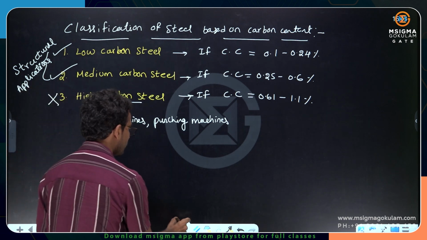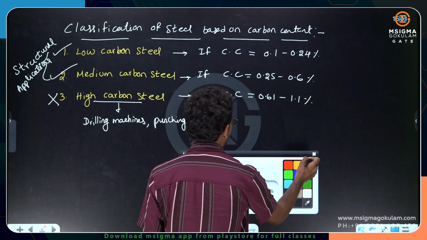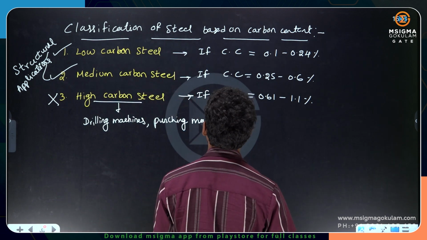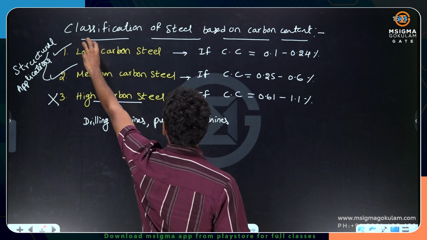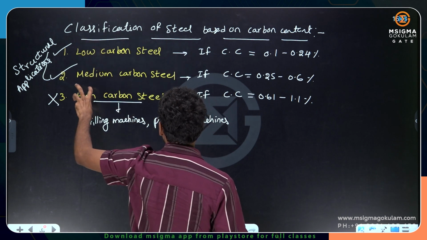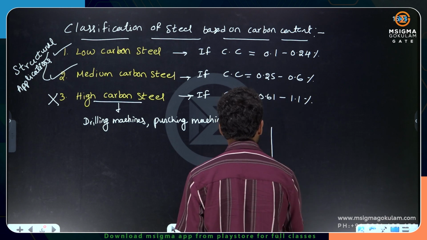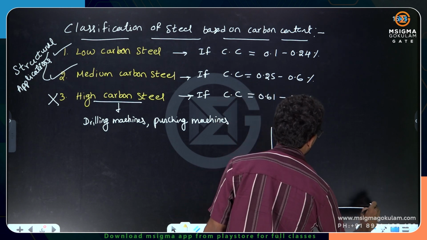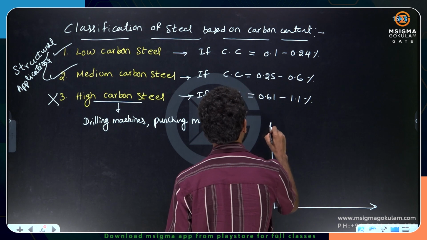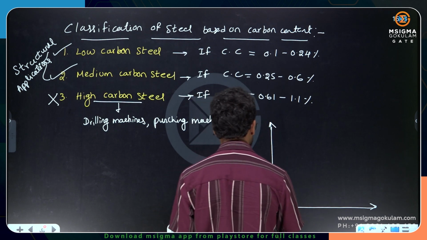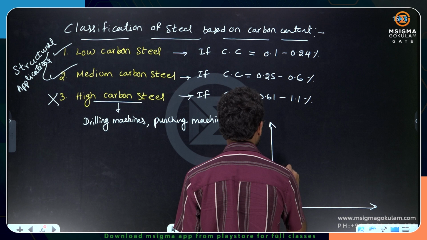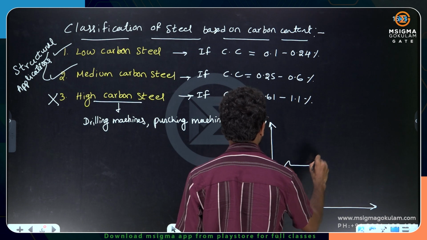As I told you just now about the material properties, what happens if the carbon content is more, and what happens if the carbon content is less? When I draw the stress strain curve for these types of steel, based on carbon content, what happens? If we take low carbon steel, they have proper yielding.